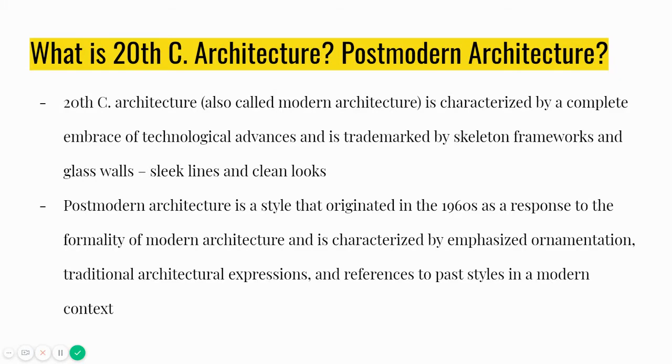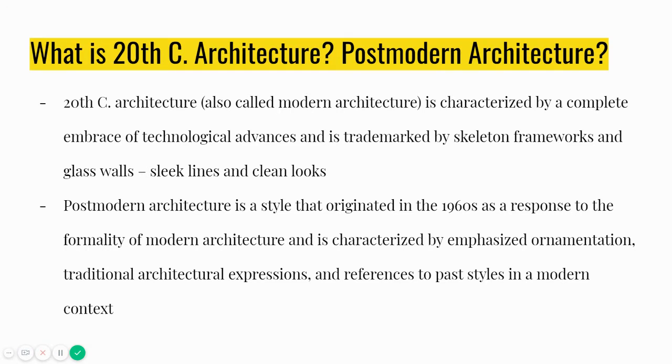But basically, they're characterized by technological advances, just like anything else. Those skeleton frameworks that we learned about when we learned about the Carson Perry Scott building, that was a huge innovation, and construction in that method and the use of those materials have continued to advance.